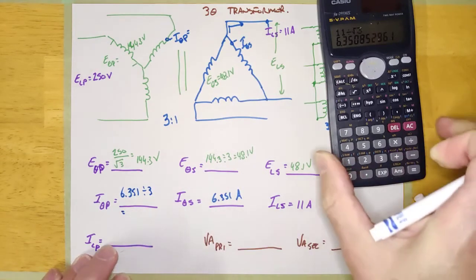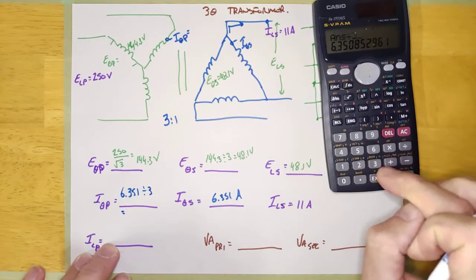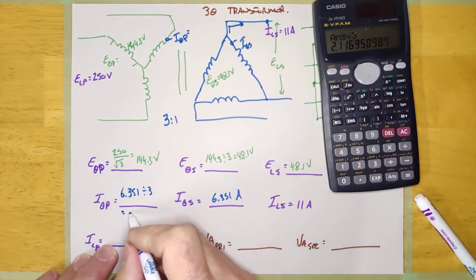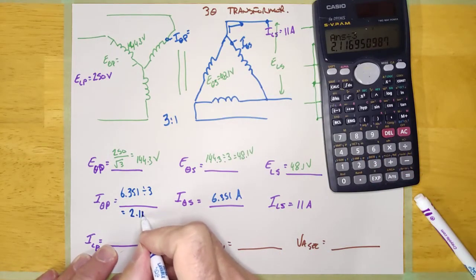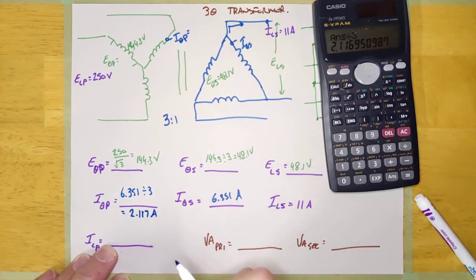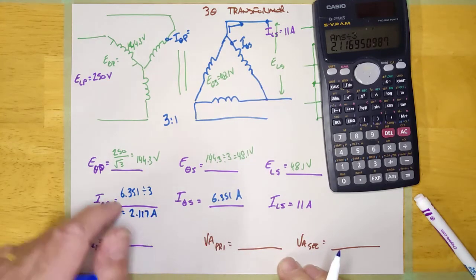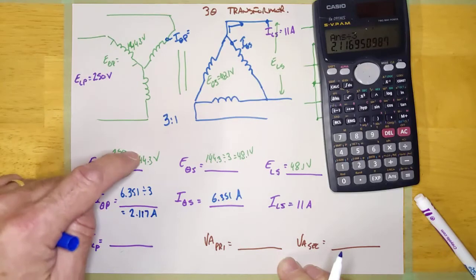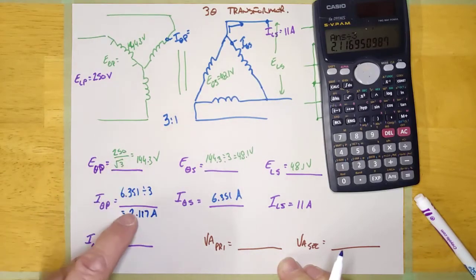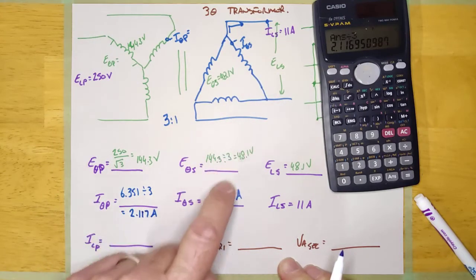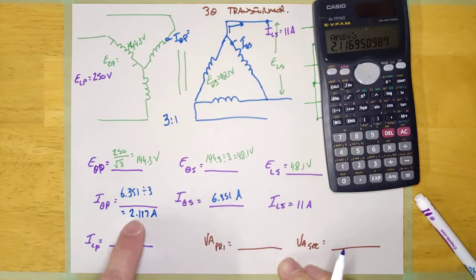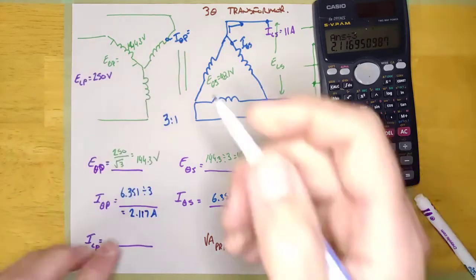Okay, guys? Divided by 3. 2.117 amps. Okay, does that make sense, guys? The high voltage is going to have the low current. Okay, so high voltage, low current, low voltage, high current.